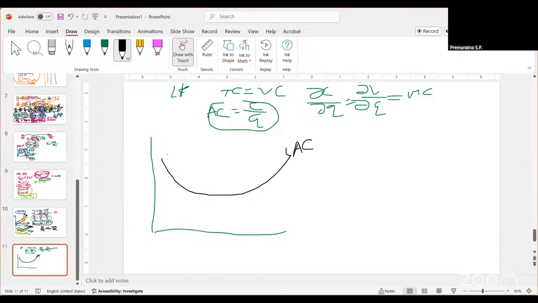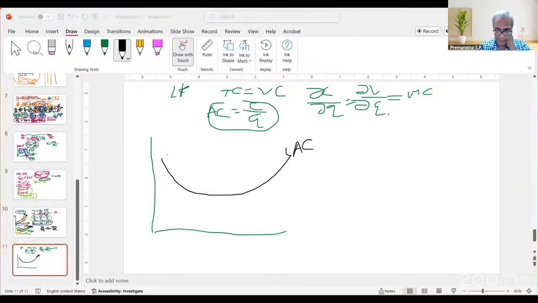And the marginal cost curve has the same relationship as in the short run: it goes through the minimum point of the average cost curve.